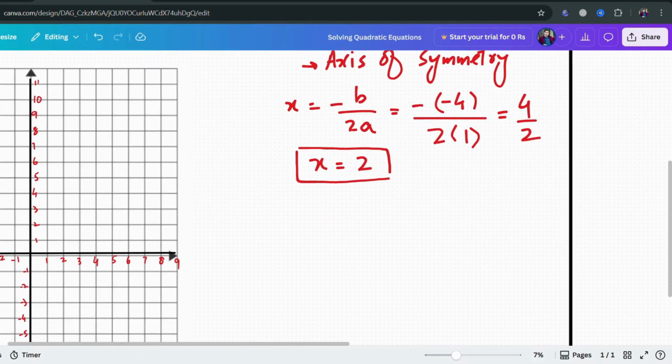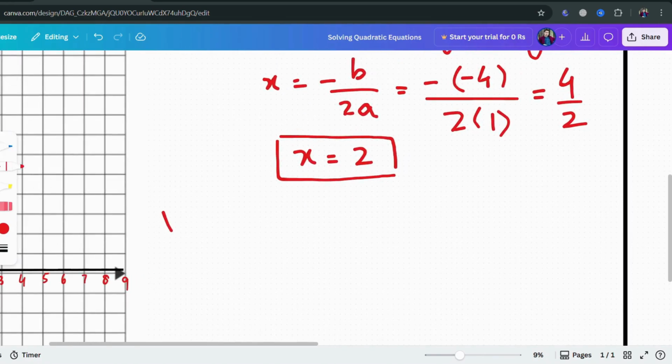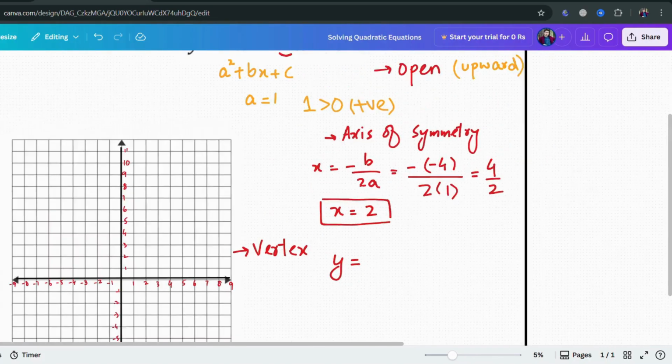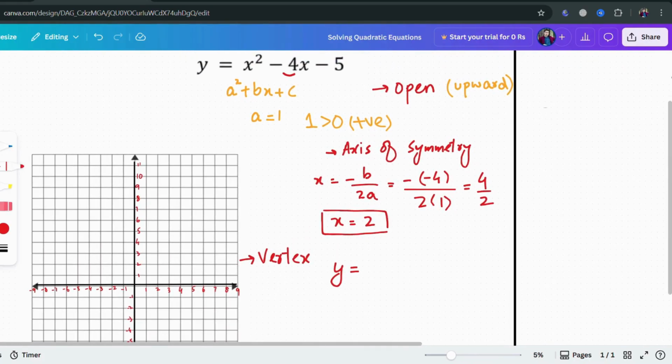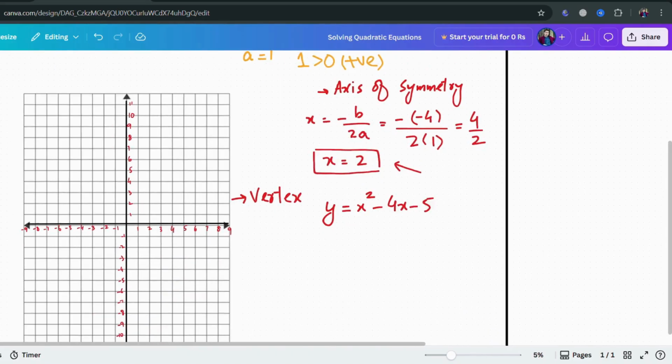Now we will be moving towards the third thing, and that's finding the vertex. Always remember, we will be following the same exact process every time. In order to find the vertex, we know that the equation is y equals x squared minus 4x minus 5. As we can see, x is equivalent to 2, so we will put this value into the equation.